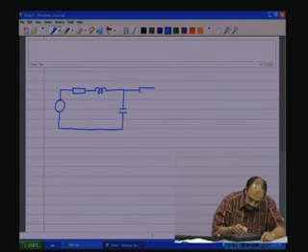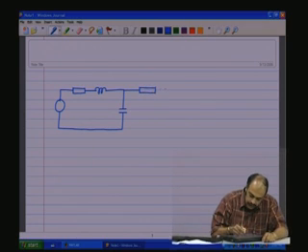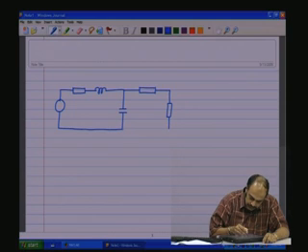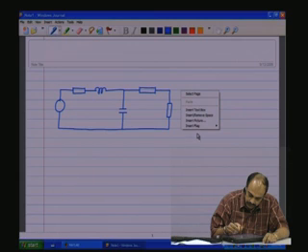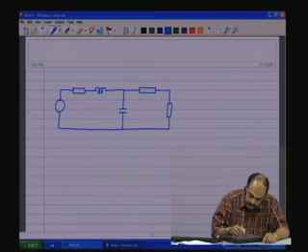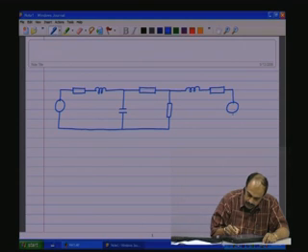Now I am going to connect a few more components, another resistance and a resistance connected to ground. So, we have one more loop there, and let us say one more inductance and a resistance and probably a source.